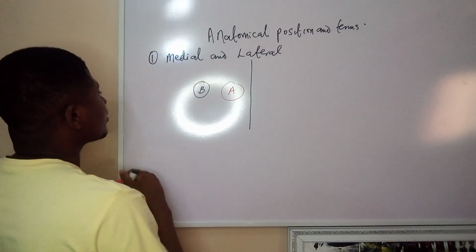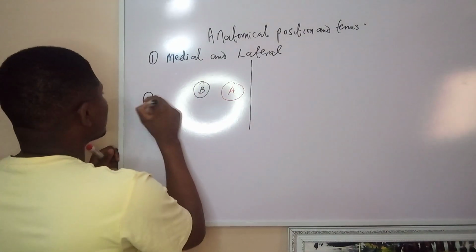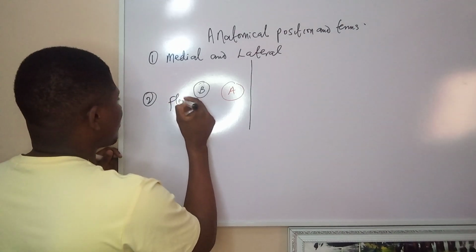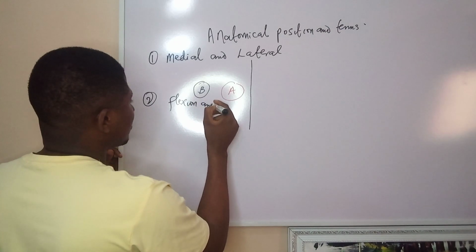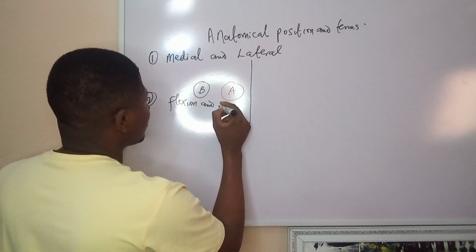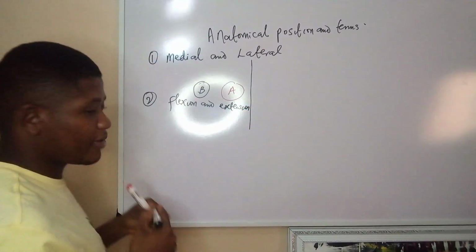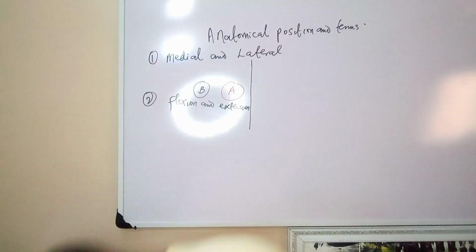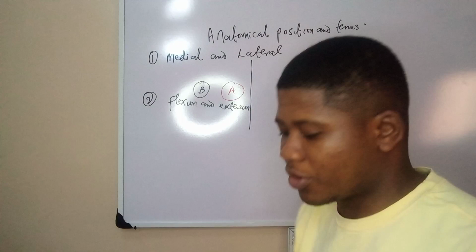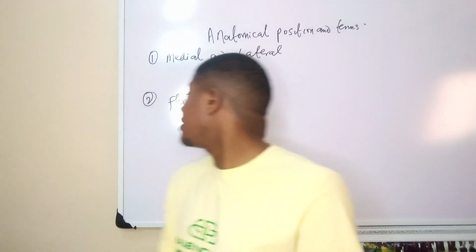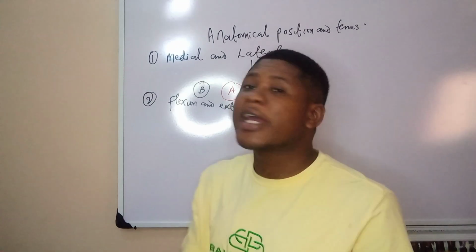Then let's look at the second term: flexion and extension. Flexion is normally where there is a joint.